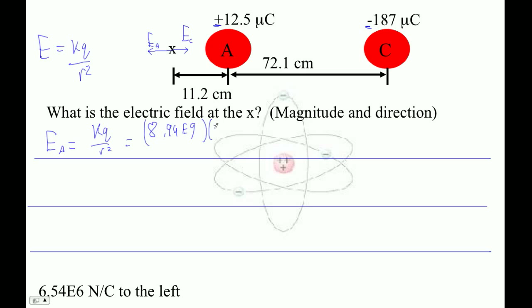Then 12.5 E minus 6, divided by 0.112 squared. Don't forget to square, okay? So KQ over R squared, times 12.5 E minus 6 divided by 0.112 squared.